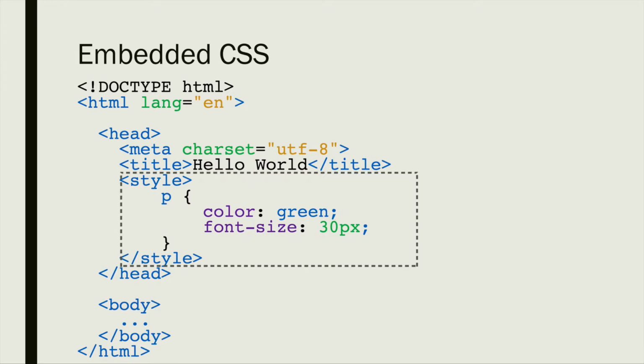So right here we have a P tag being identified as the selector inside style tags in the head element of your page. Not the header element, but the head. Chances are when you're adding CSS, you're going to be adding embedded CSS right after the title tag. This way, the whole page can have the effect of the styling rules you're declaring.